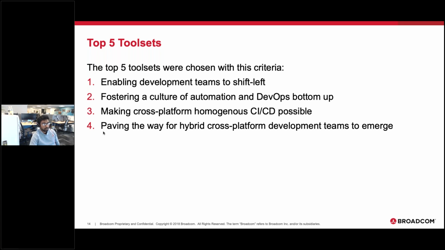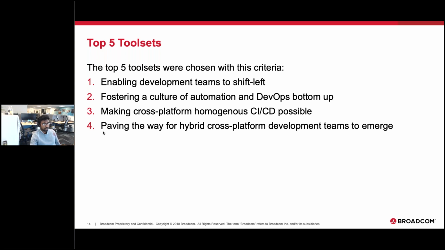And then finally, this is kind of the nirvana here, is paving the way for hybrid cross-platform development teams to emerge naturally. I was at the Think conference this year and last year, and one of the large banks in the US and North America was there, and they shared their experience where they took a couple of mainframers and put them on working on the distributed side of things, and they took some developers from the distributed side and they worked on mainframe for just a couple of months, and skills transferred over.